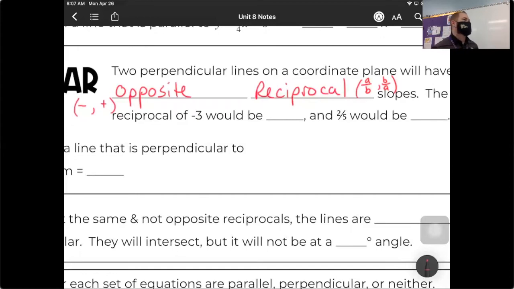What would the reciprocal of 1/2 be? Just 2, 2 over 1. So what is the reciprocal of 4? 1 over 4, because 4 becomes 4 over 1, and the reciprocal of that would be 1 over 4. So the reciprocal of a whole number is 1 over that whole number.